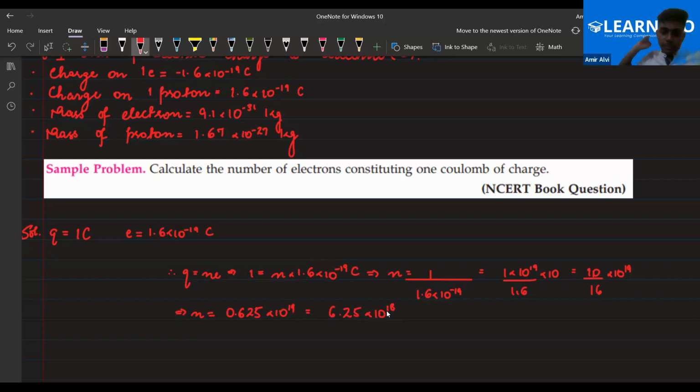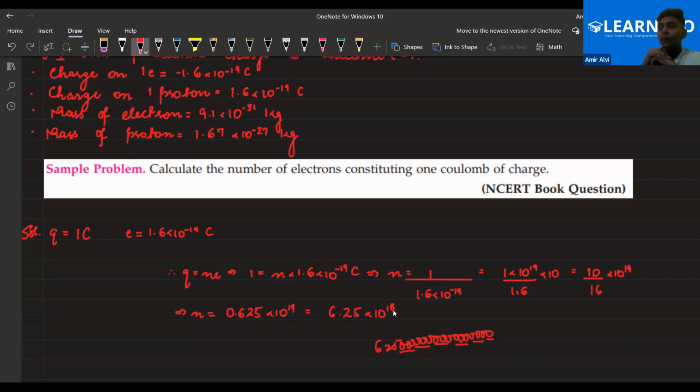If you remove the decimal as well, it would be 625 and so on.